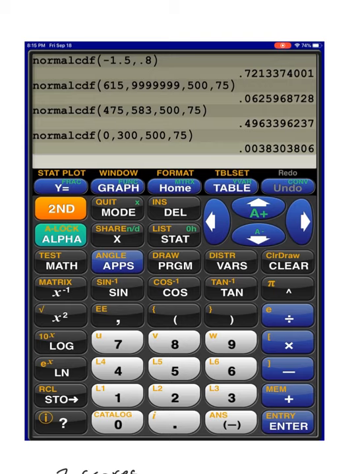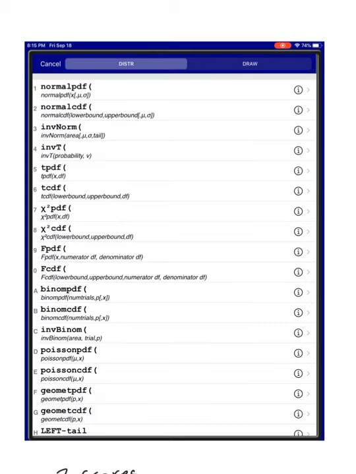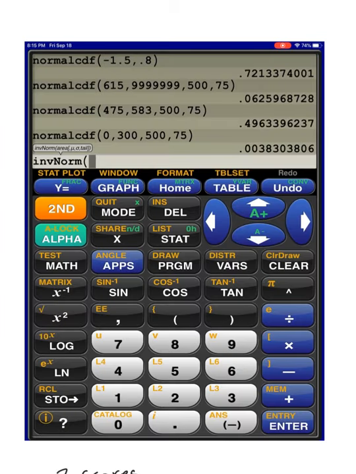Now I go to a different one: second distribution, but now I want invNorm. It says I want to be in the 80th percentile, so the area is 0.8.